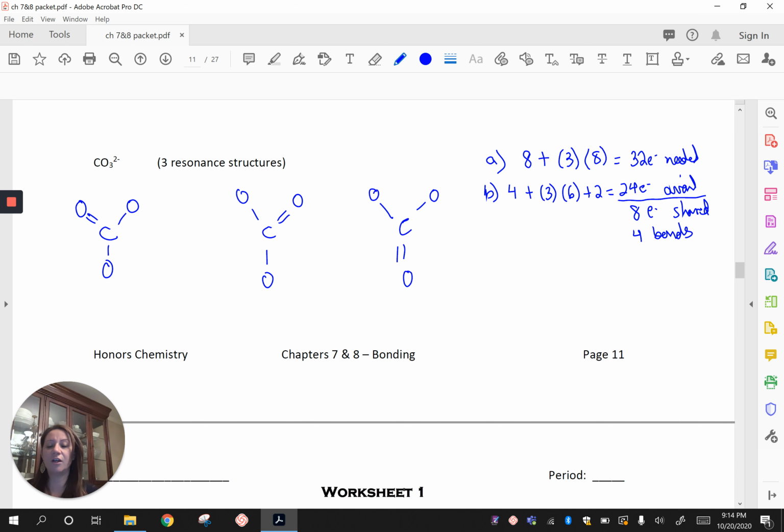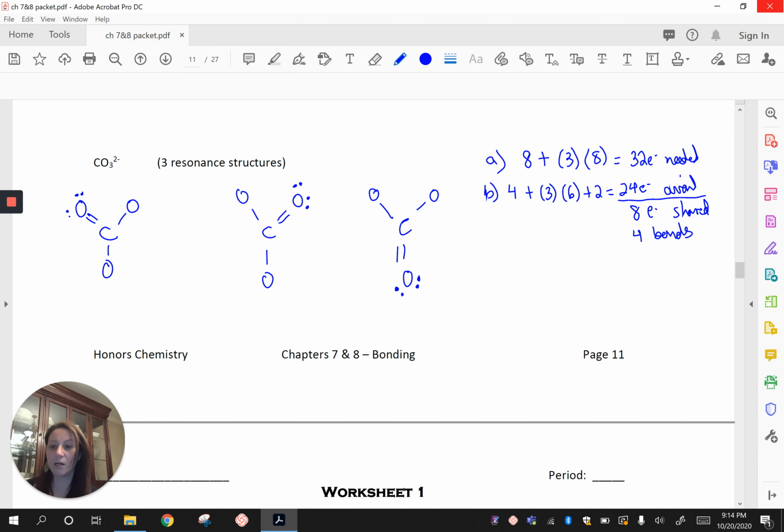Next, we give lone pairs so that we have octets. So our carbon is already good with 8 electrons because it has 4 bonds around it. So it has its octet. The oxygens need some more lone pairs though. So the double bonded oxygens have 4 electrons right now, so they need 2 lone pairs. So this one needs 2 lone pairs, and this one as well.